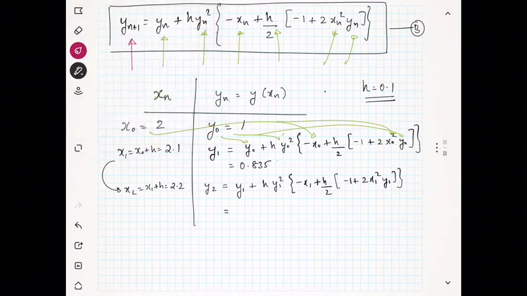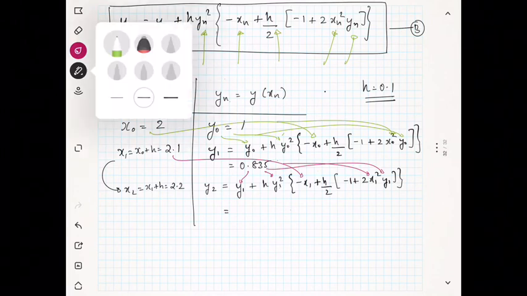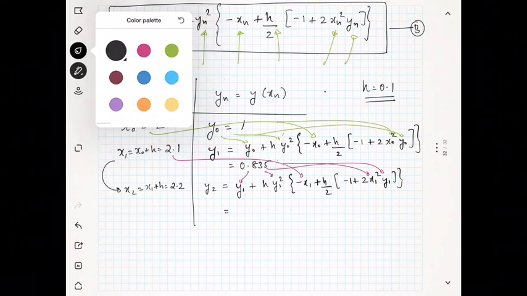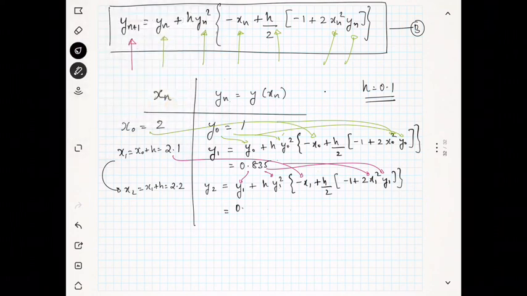So by using all these values, you can calculate the new value of y_2. That means y_2, you can calculate it as 0.7108.